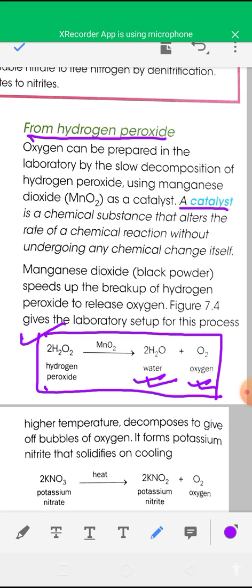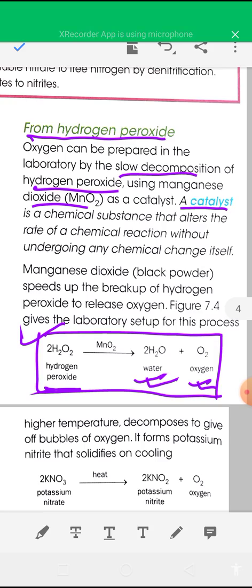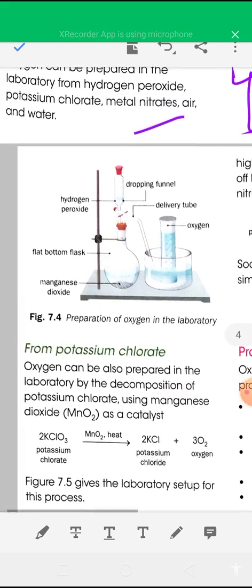Hydrogen peroxide means H2O2. H2O2 on decomposition gives H2O, that is water, plus O2. So oxygen can be prepared in laboratories by the slow decomposition of hydrogen peroxide using manganese dioxide as a catalyst. Manganese dioxide increases the rate of the reaction.